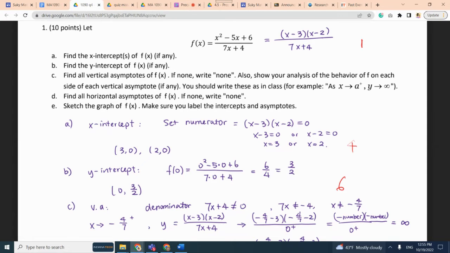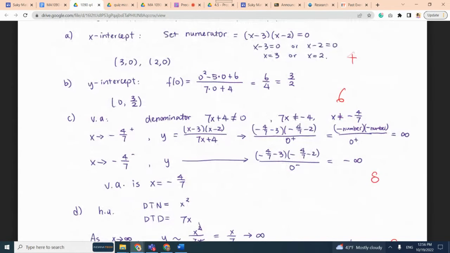That's not enough, because you want to show what is the behavior near the vertical asymptote. That's why it goes to positive infinity or minus infinity. So you have to show when x goes to -4/7 from the right. What happened?